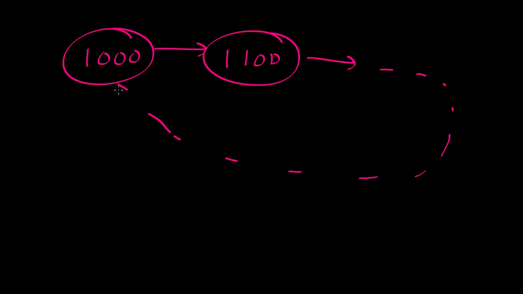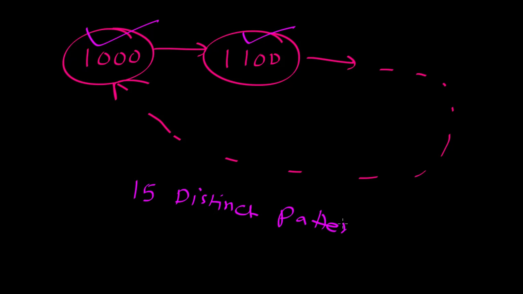Like this, 15 patterns are generated. This is our initialized condition, our initial state. From this state you go on, and after 15 clock pulses you come back to this state. So 15 distinct patterns are generated.